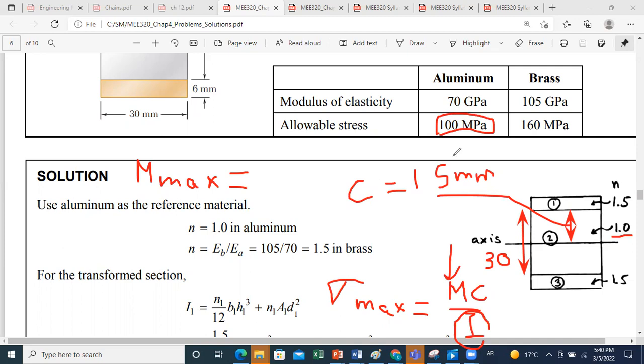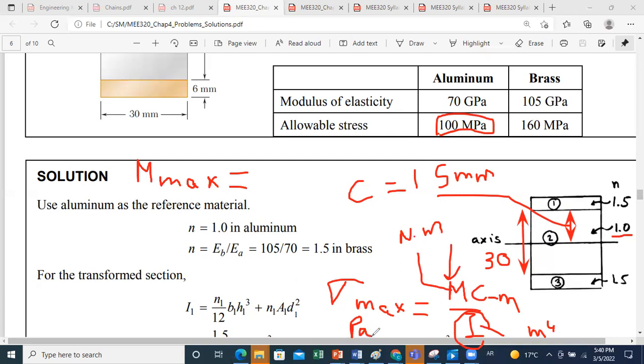In case you want to get your moment in Newton meter, make sure to provide C in meters, I in meters to the fourth, and sigma in Pascal.